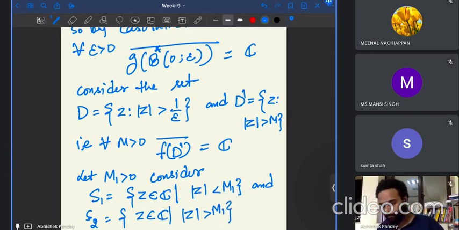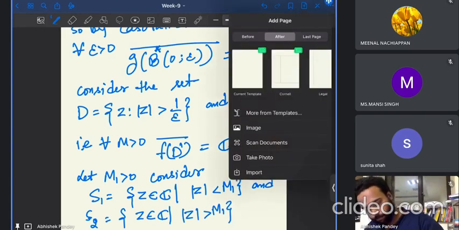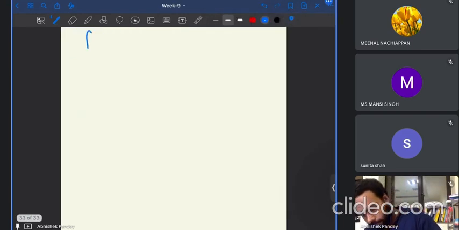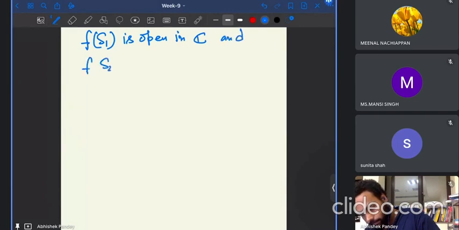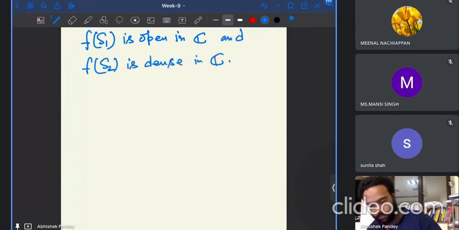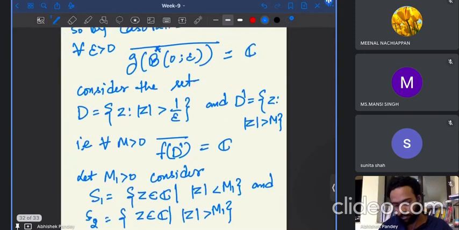Then clearly f of S1 is open in C, and f of S2 is dense in C. This is quite clear because of the previous statement.